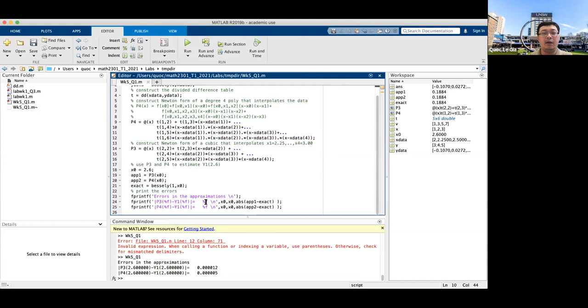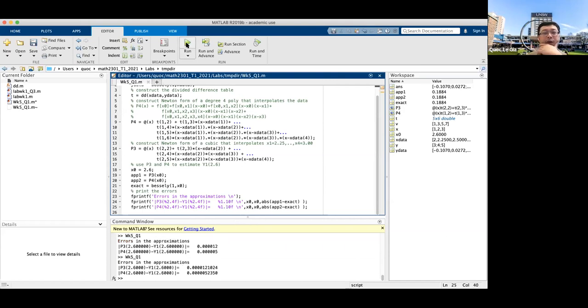Maybe now I don't want a lot of digits after the dot, so I put, say, 2.4 after the dot for these, and maybe this one I want a bit longer, so 10.